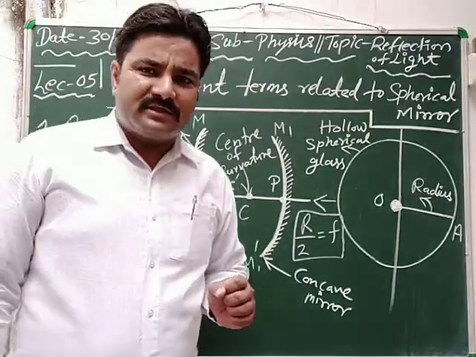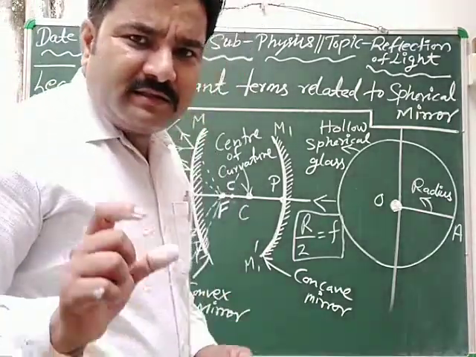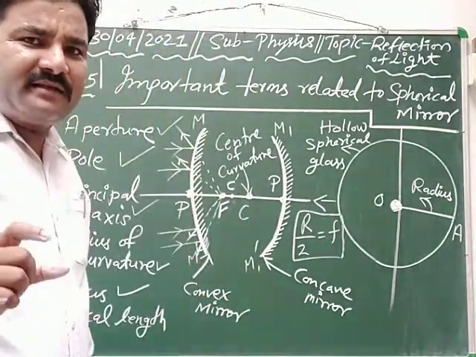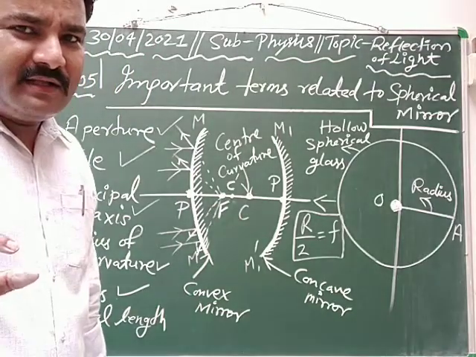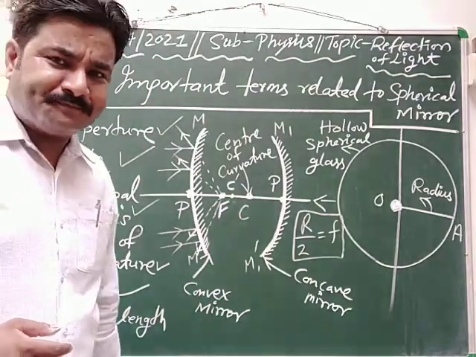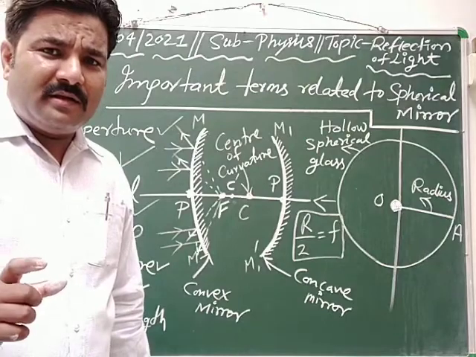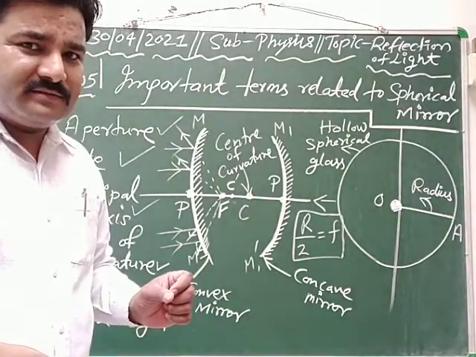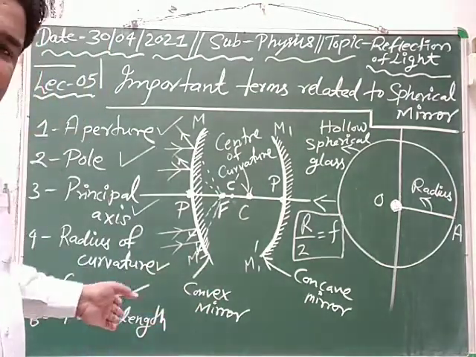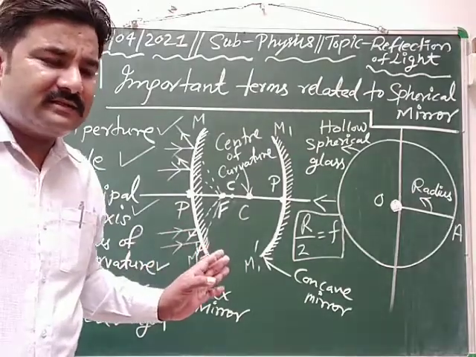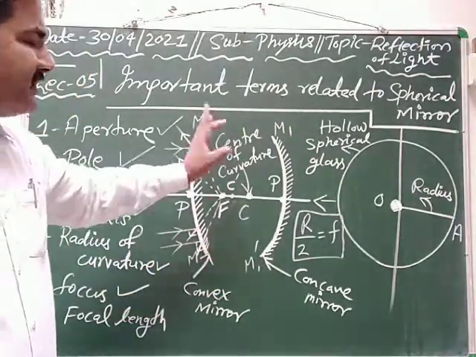So revise all the terms that I explained here, and if there is any confusion in any point, I will explain again and again, no matter. So how many points? Nearly 7. Six written here and one, center of curvature, here.